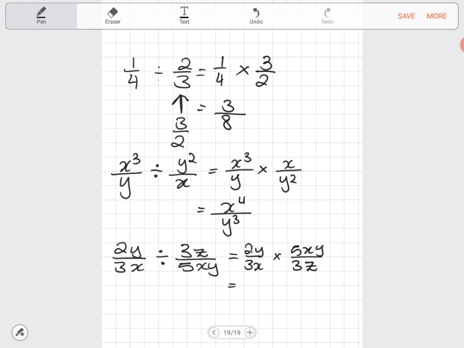Alright, multiply your top numbers together, so you have 10y, you have an x, and you have 2 y's. 3 times 3 is 9, x and z. So 10y squared over 9z would be it simplified.